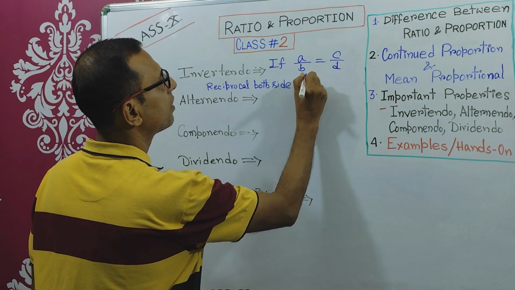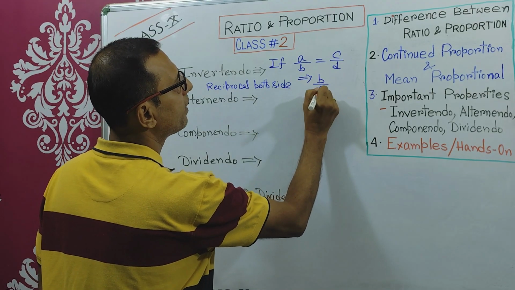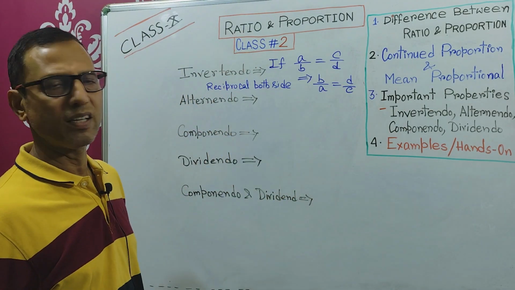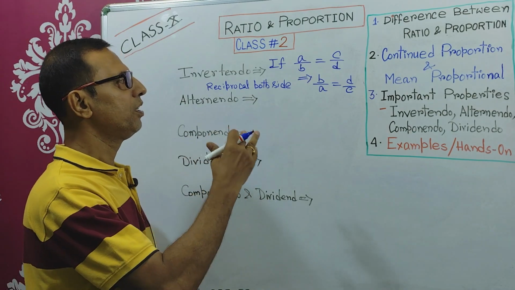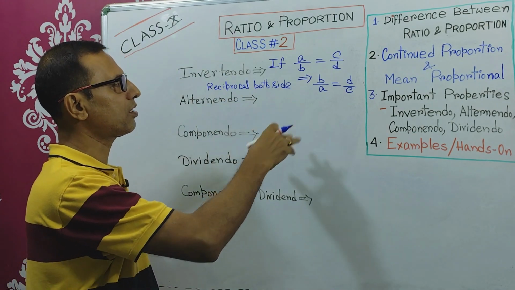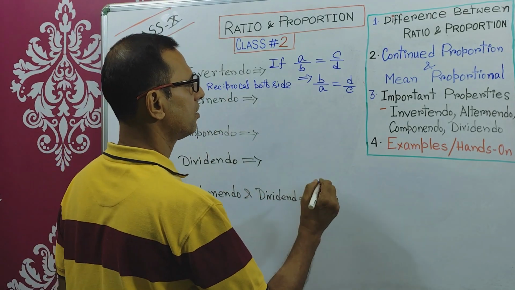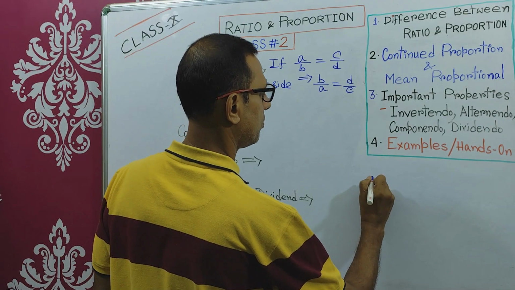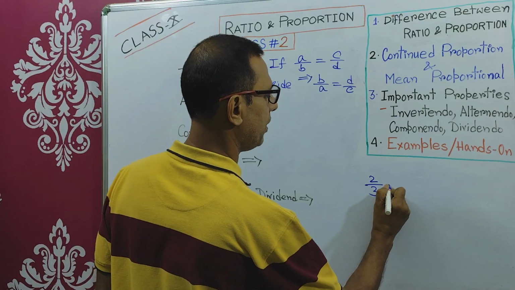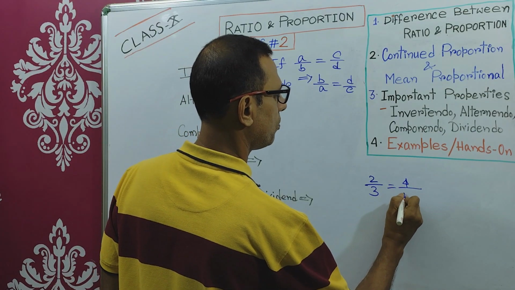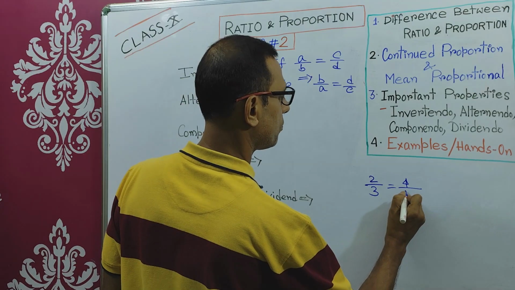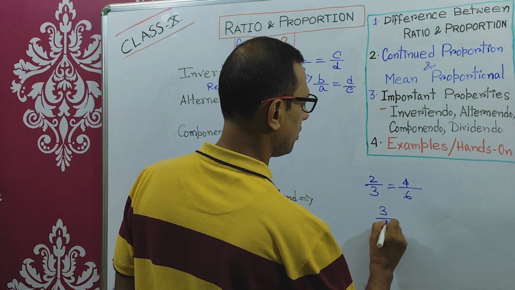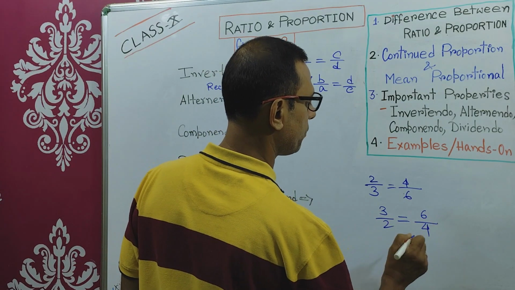That means B by A equals D by C. This is very simple. Forget about ratio and proportion. Let's say 2 by 3 equals 4 by 6, then obviously 3 by 2 equals 6 by 4.